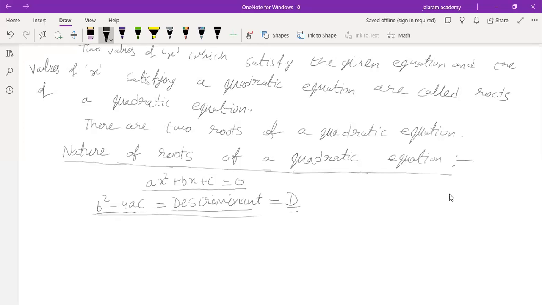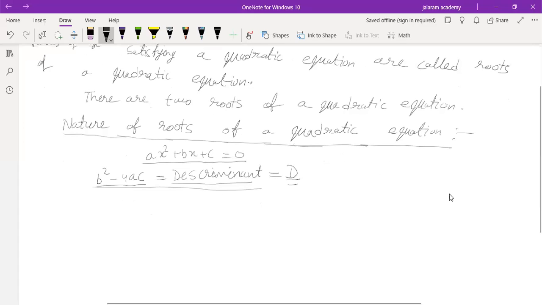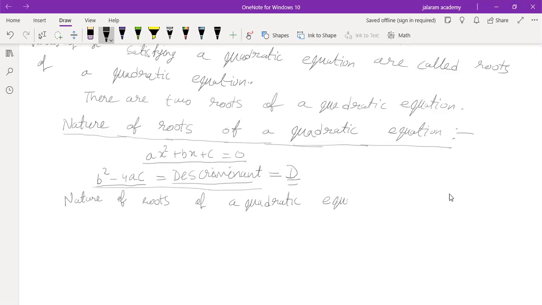Okay. Now, the nature of roots depends on the values of D. Nature of roots of a quadratic equation depends on the discriminant.